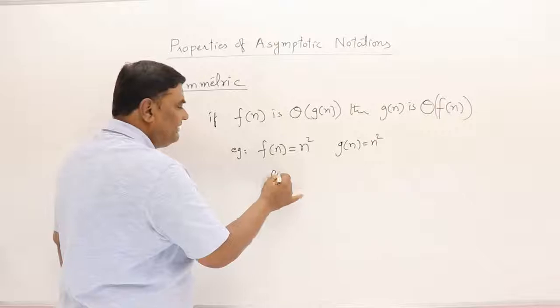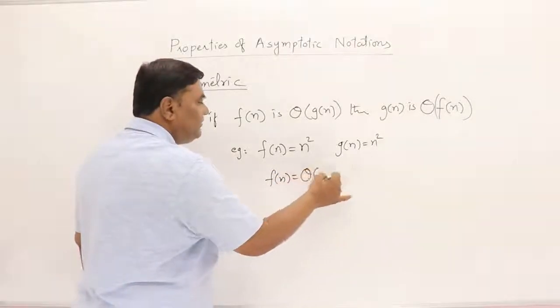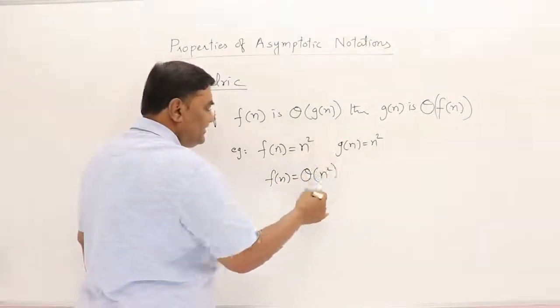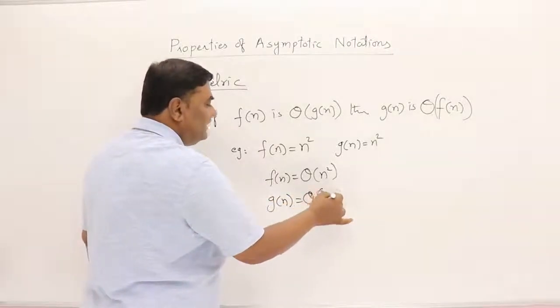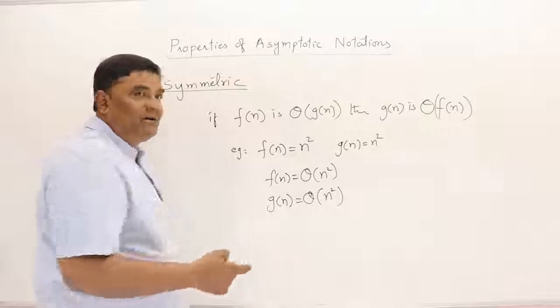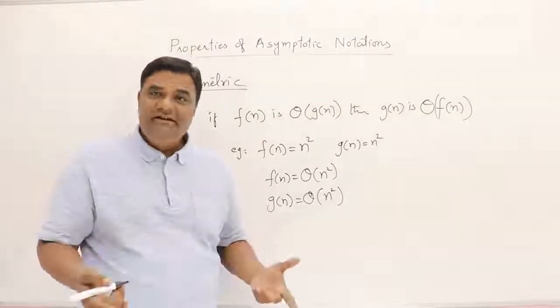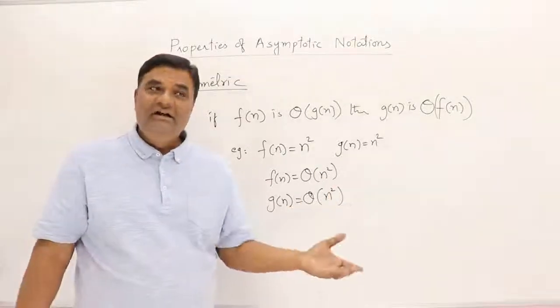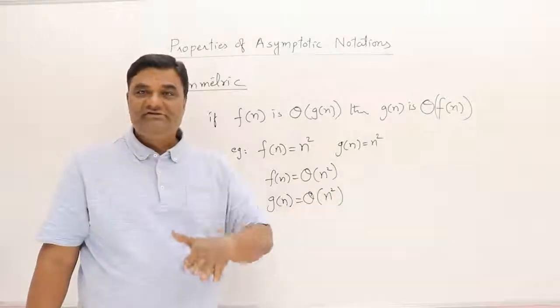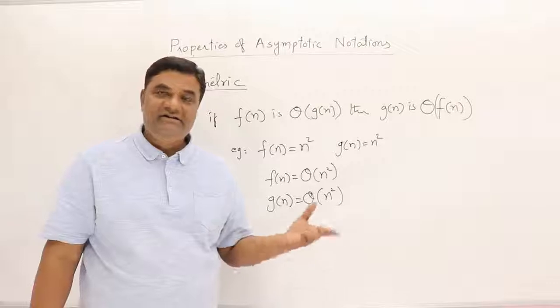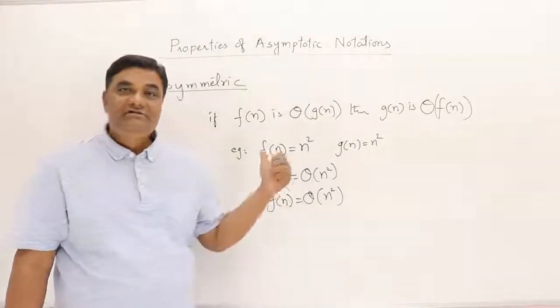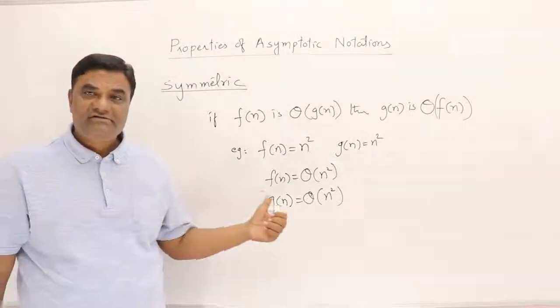Then f of n is theta of g of n, that is n square, and g of n, that is theta of n square, that is f of n. When both the functions are same, then they are symmetric. One is theta of another and that second one is a theta of first one. So this is true only in case of theta notation.